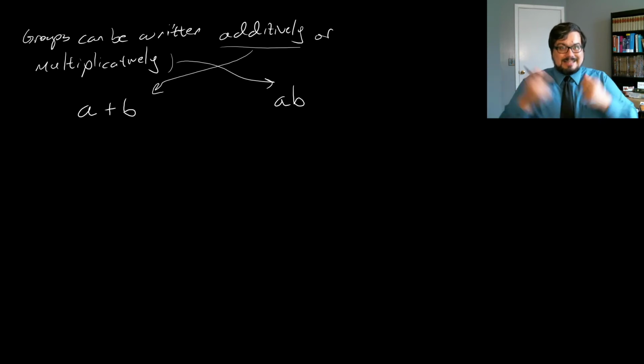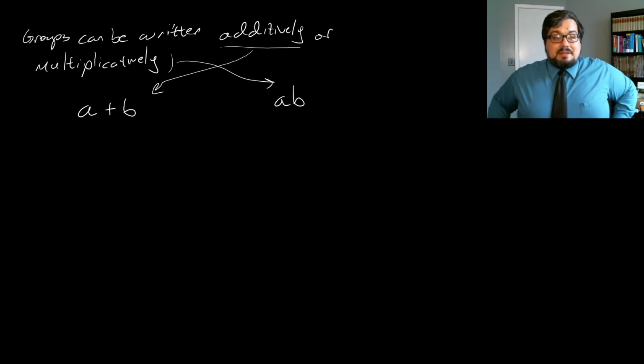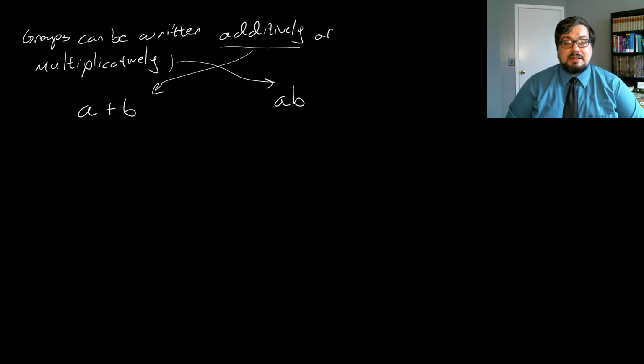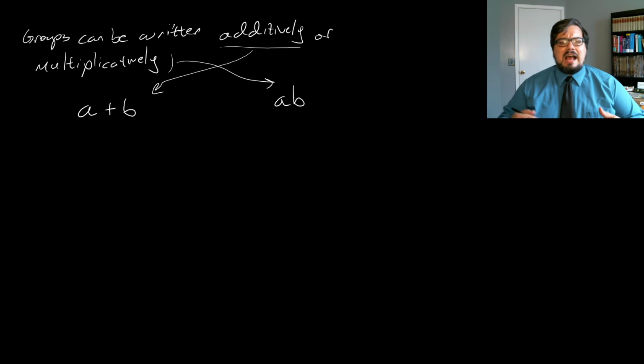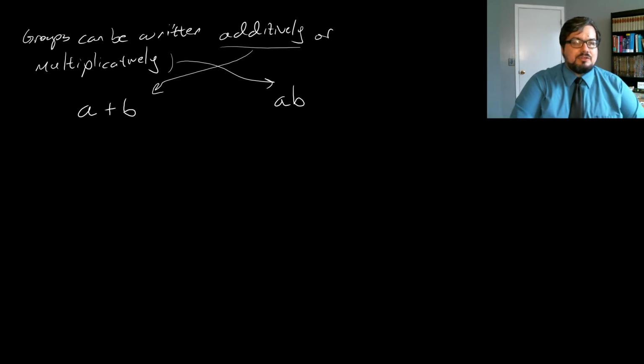We just concatenate the 2 symbols, and that means do the operation on those 2 elements. As I said, this is merely a notational difference. We don't have to prove every theorem twice, once for additive groups, once for multiplicative groups. They're all just groups.